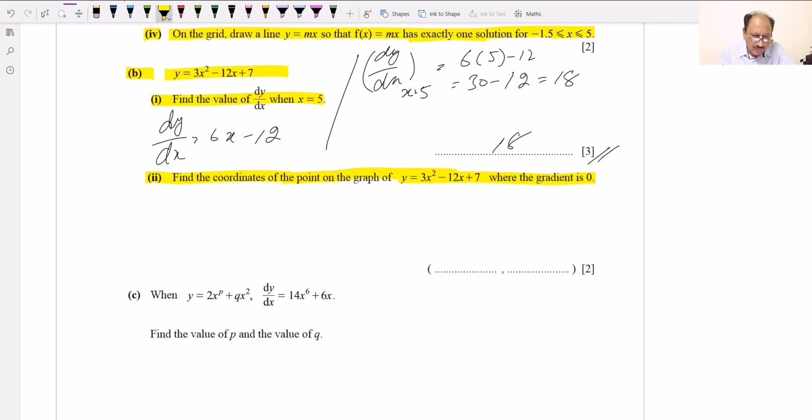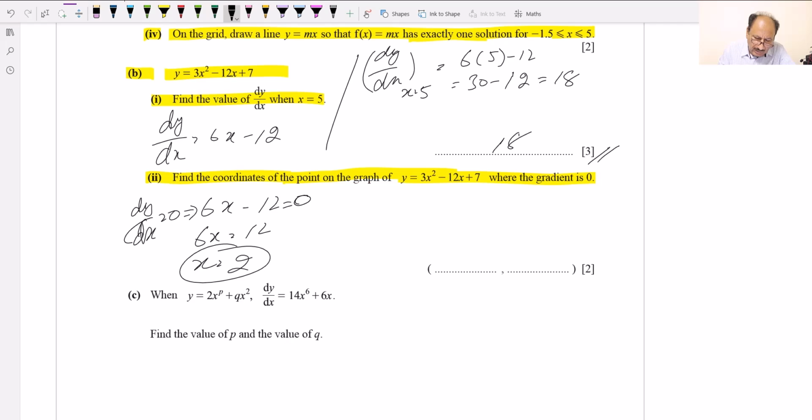So we put dy by dx is equal to 0. It means 6x minus 12 is equal to 0. So 6x will be equal to 12. So x will be equal to 2. X value will be 2.